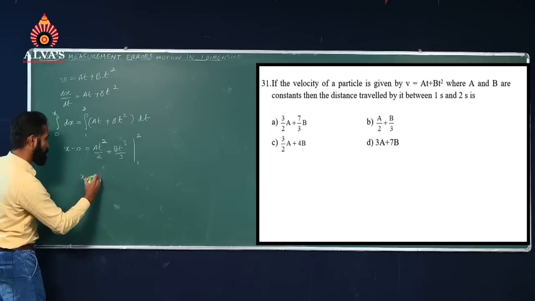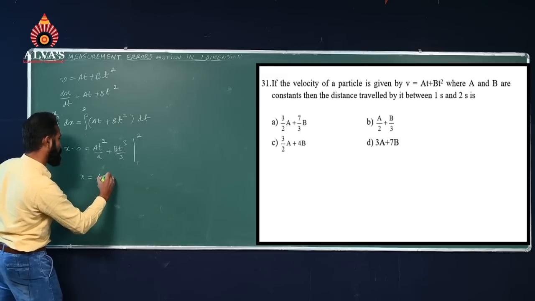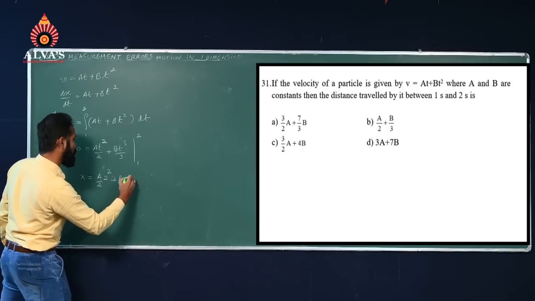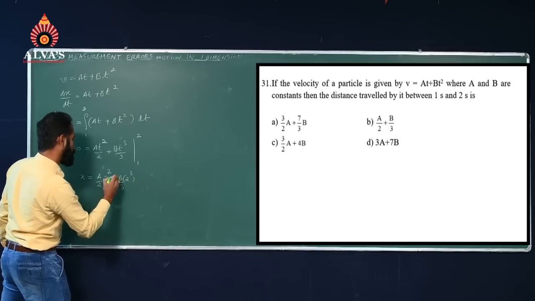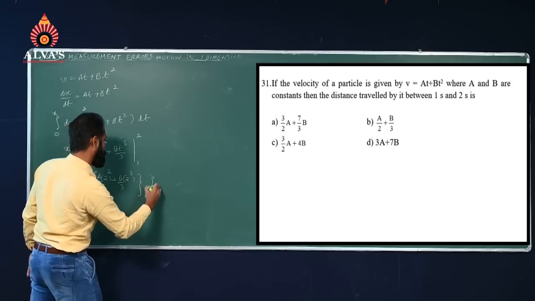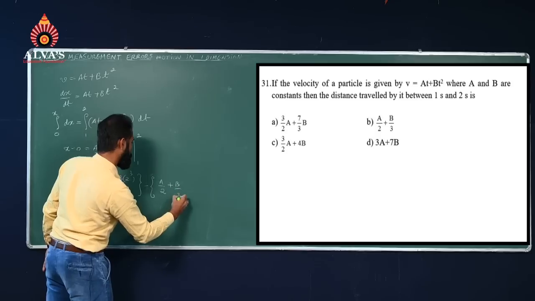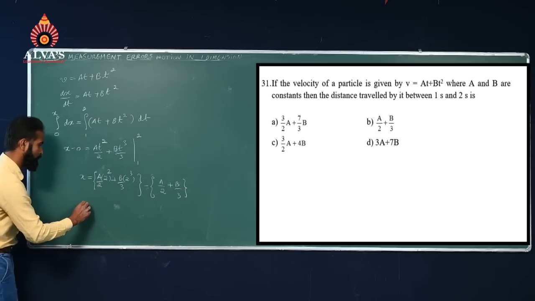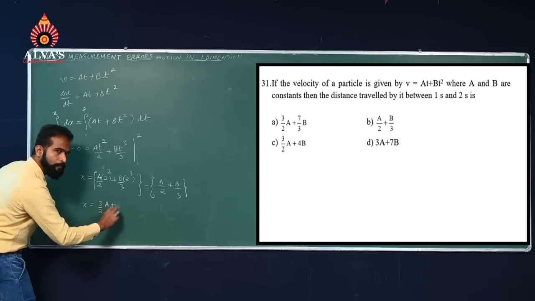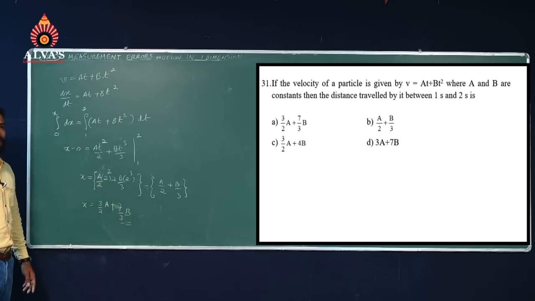So x is going to become, substitute the limits, (a/2)(2²) + (b/3)(2³) minus (a/2 + b/3). You solve them, we are going to get 3/2 a plus 7/3 b. That is option number A.